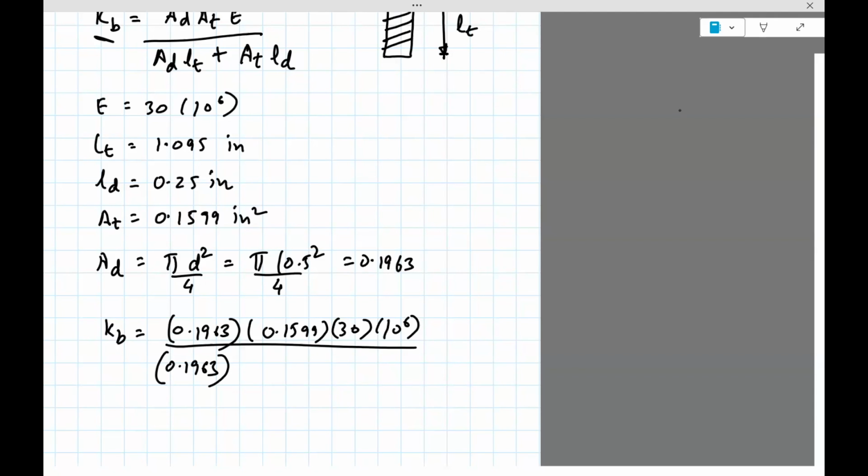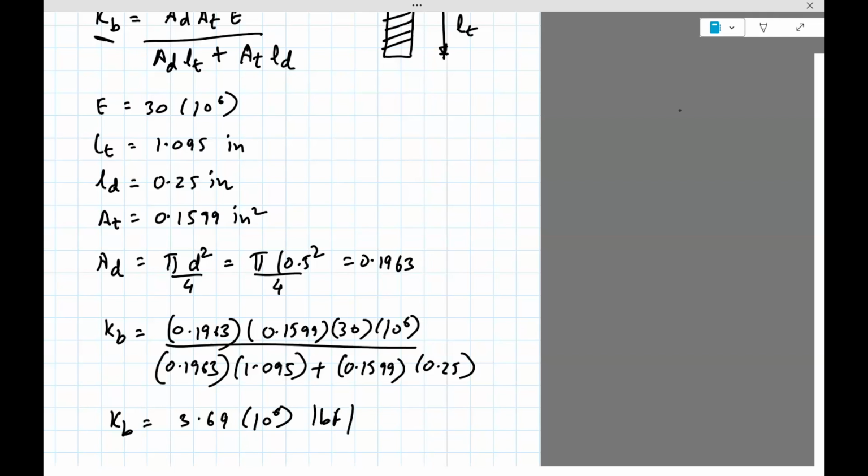Everything is in there. KB comes out to be 3.69 times 10 raised to 6 pound force per inch.